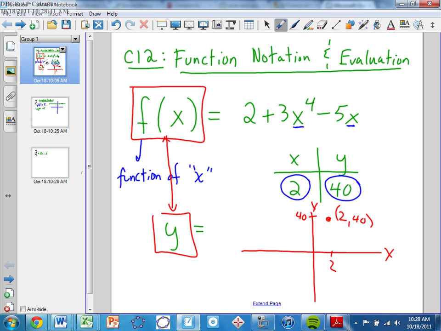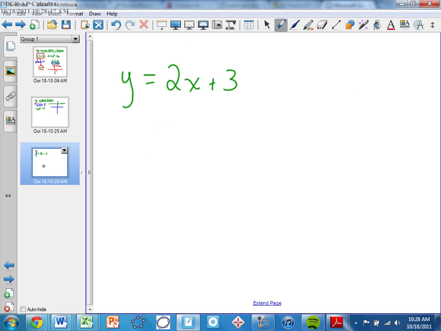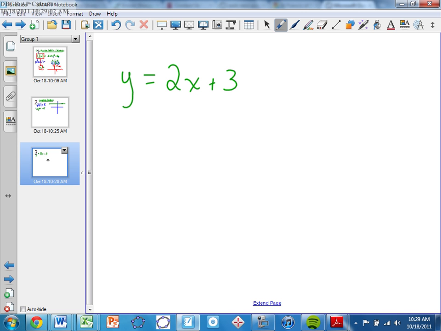We said that f of x is the same thing as y, right? Yeah. So in the first example, I used f of x. Now I'm using a different example, I'm calling it y instead. The next one I'll call it g of x. But they all mean the same thing. They all mean this is a function of this. This is a function of this. So the function here is 5. How do I define that function? I chose f of x. Here I'm choosing y. It does not matter, okay?